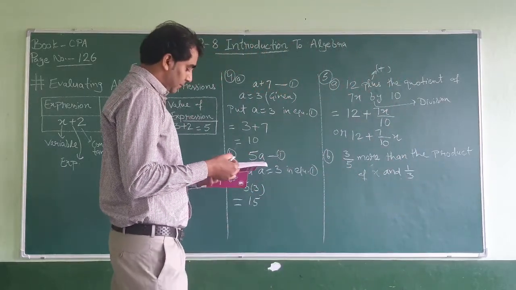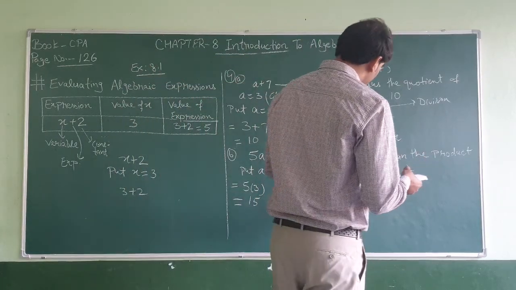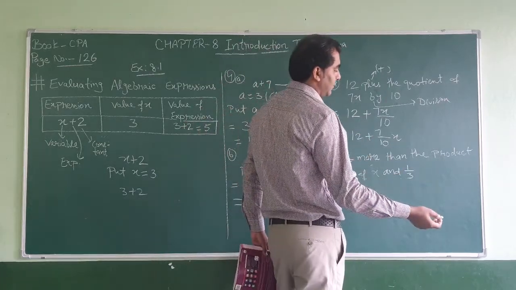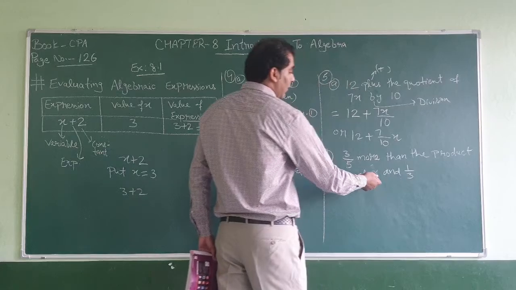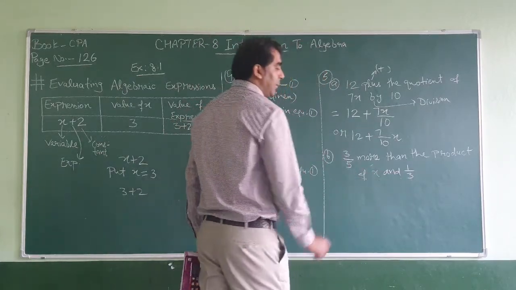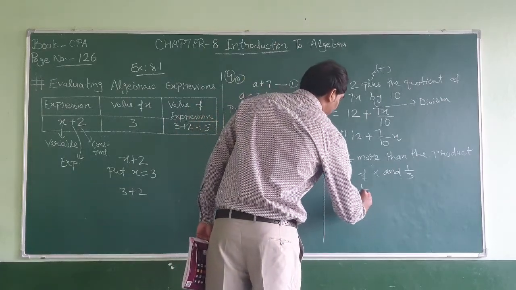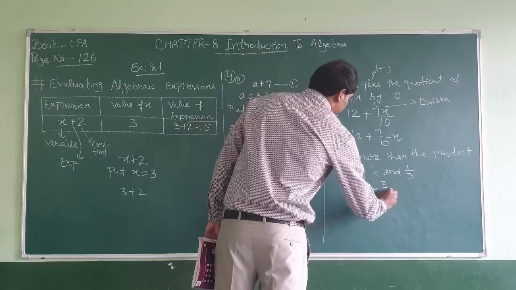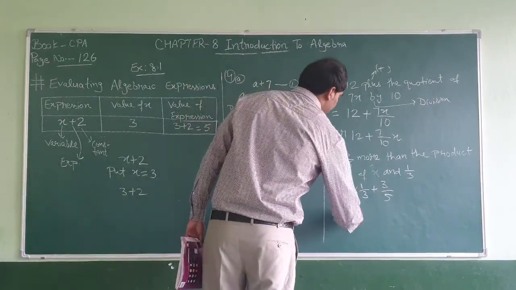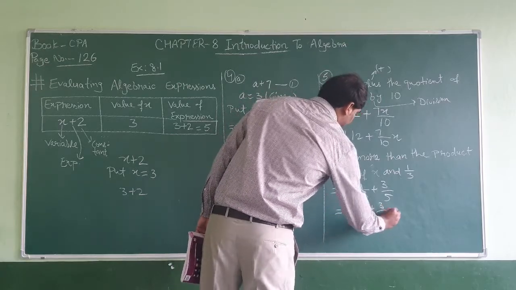So 3/5 is more than the product of x and 1/3. Product means multiplication, so we have x multiplied by 1/3, plus 3/5. So the answer is x times 1/3 plus 3/5. This is the answer.